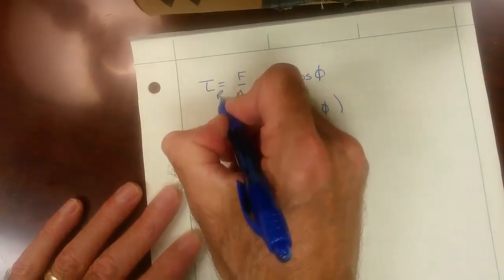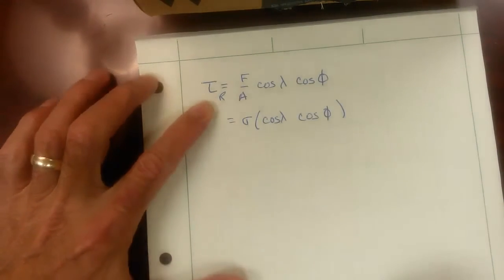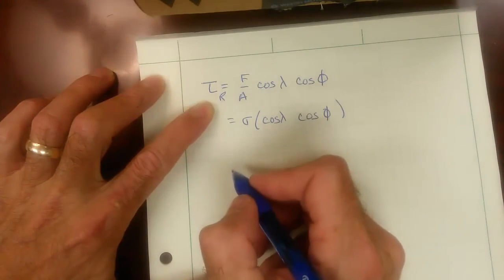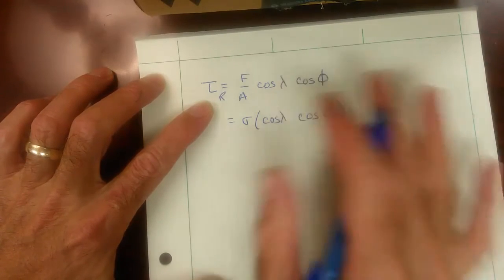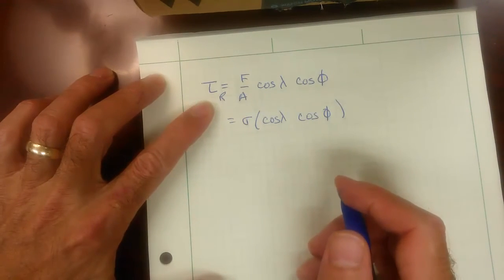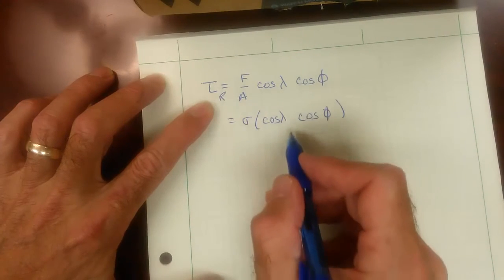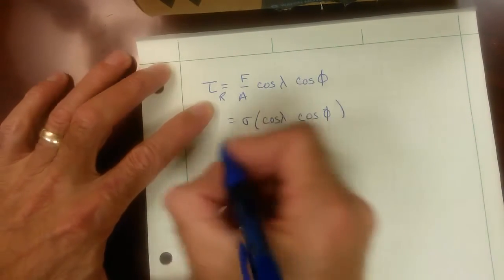And that, I'm sorry, is resolved shear stress tau r. So in a given crystal, the slip is going to occur first on a slip system with the highest value of cosine lambda cosine phi.